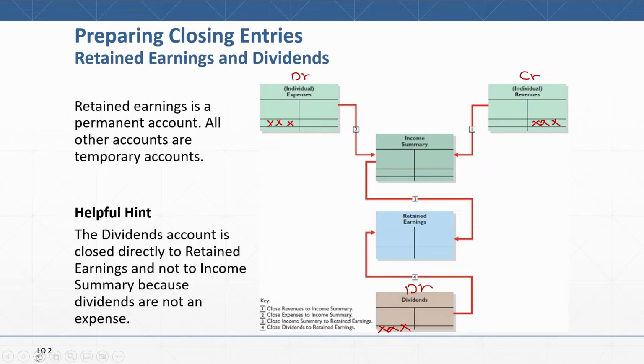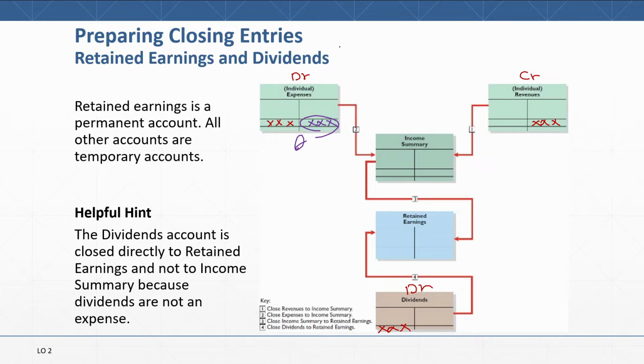When we want to close them, we put the same amount under the opposite side of the account. If we are going to close an expense account, we put the same amount under the credit side. By doing so, the balance will be gone. The balance is now 0.